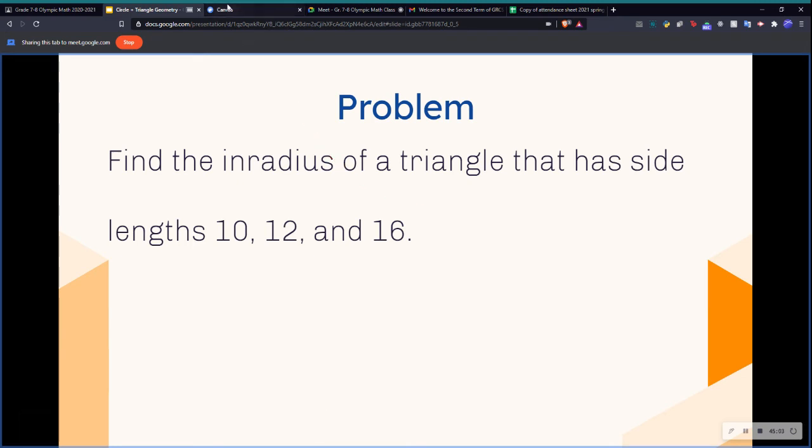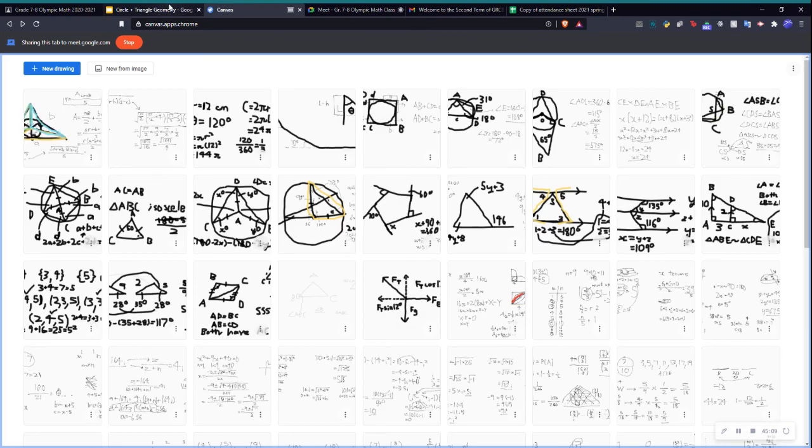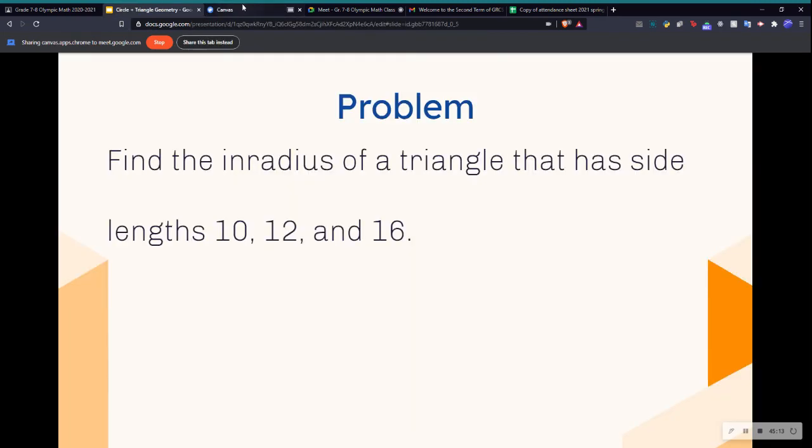We'll just take it up together actually. So we're a bit short on time. Okay, let's write down the formula again. What were you given? So we need to find the inradius of that triangle.